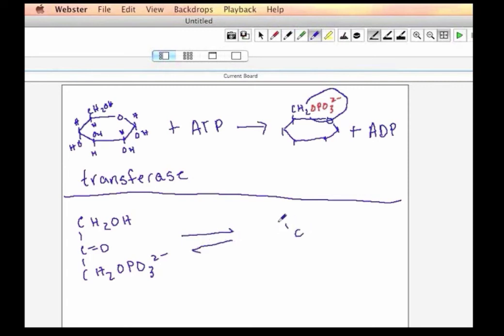And what we see here, okay, so what we see here then is basically a rearrangement, right? Everything stays more or less the same. We have one substrate, we have one product, and we're getting a rearrangement. So this is an isomerase.